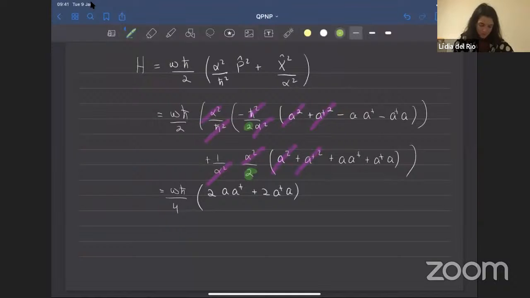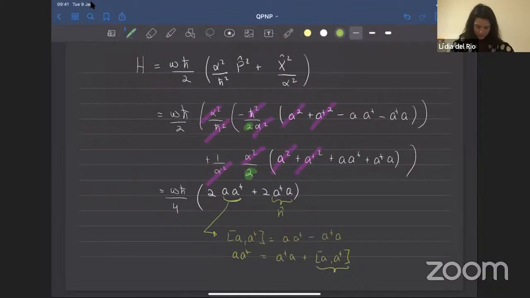Now, this one we know what to do with. This is our N operator already, right? But this one, we don't know yet what this is. But then it's very easy to say, look, the commutator of A and A dagger is A A dagger minus A dagger A. So if I just have the second one, then this is A dagger A plus the commutator.